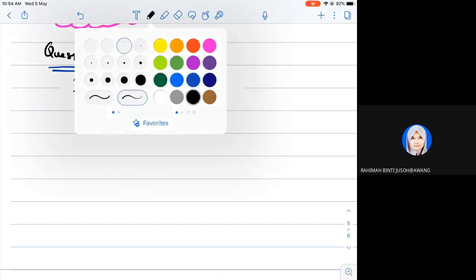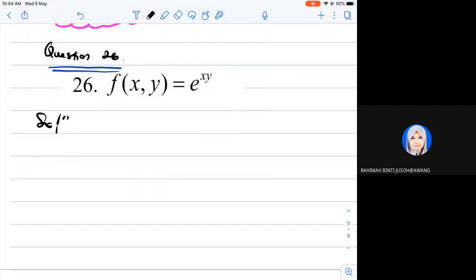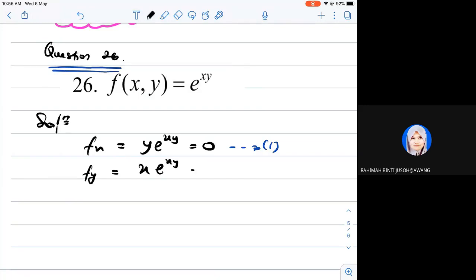Okay, so now solution. Kita cari fx, differentiate terhadap x apa yang constant? Y. Very good. So y exponent xy, equate this with 0. So that is your first equation. And then fy, x lah kat depan kan sebab x jadi constant. So exponent xy equals to 0. So equate this. This is the second equation.